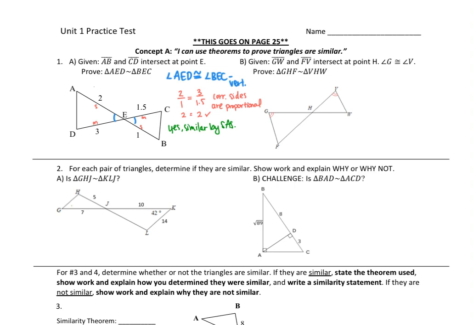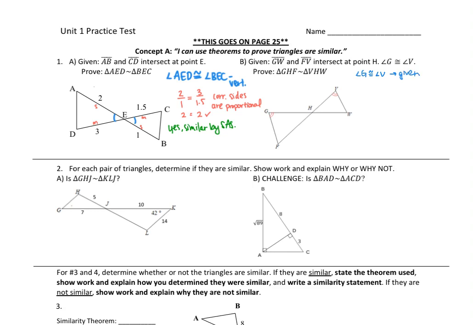All right, for part B, the picture looks similar, but the information given is different. So we're not given any side lengths. So that tells me that this is probably angle, but in order for it to be angle, we need two pairs of angles to be congruent. Well, the first pair that's given to us is that angle G is congruent to angle V, and that's given.